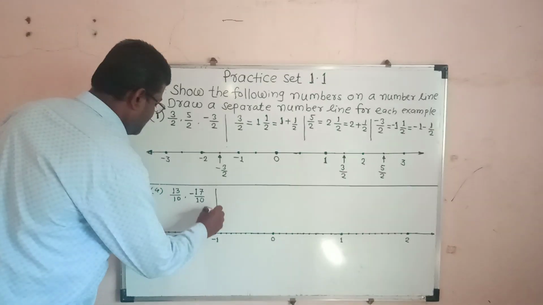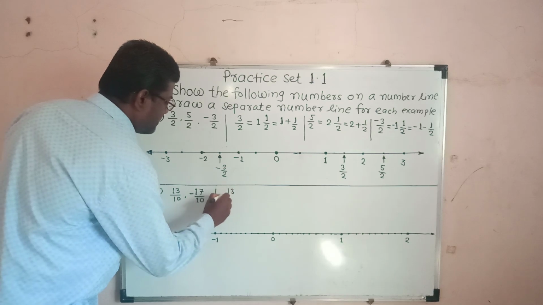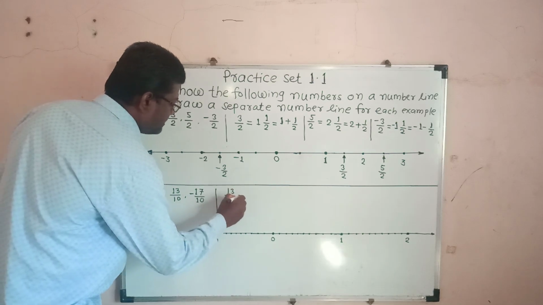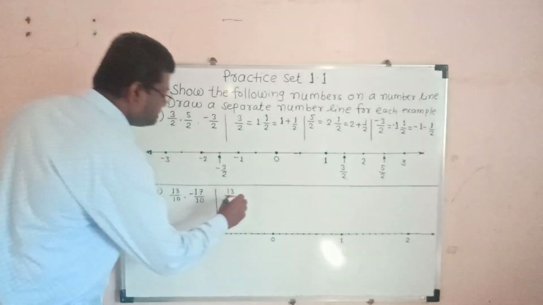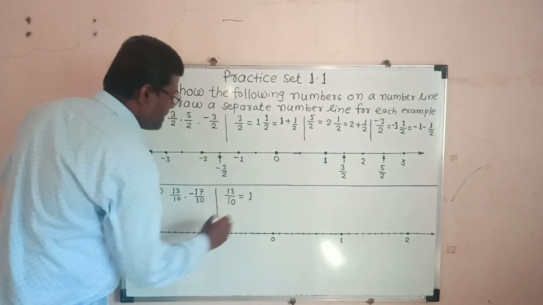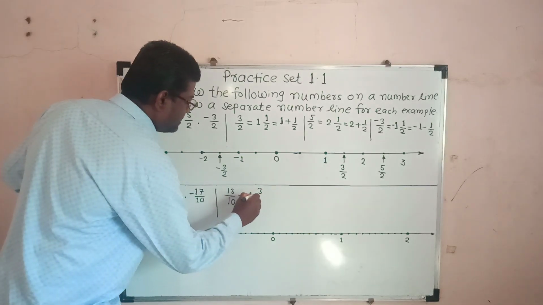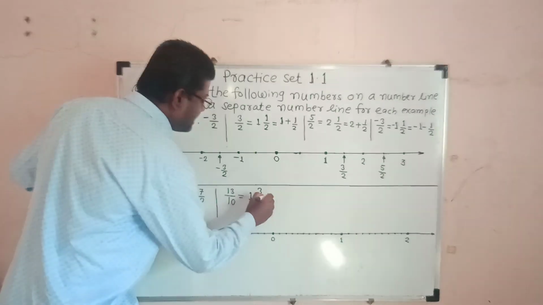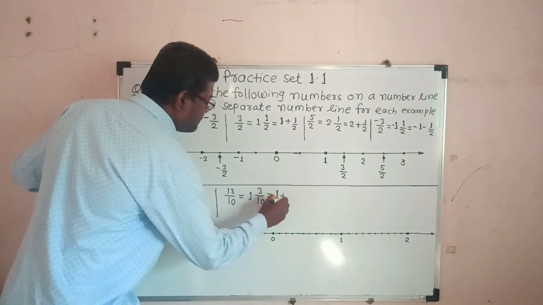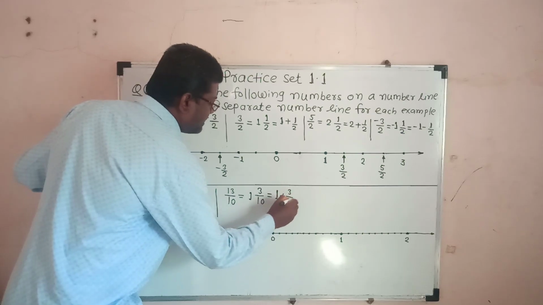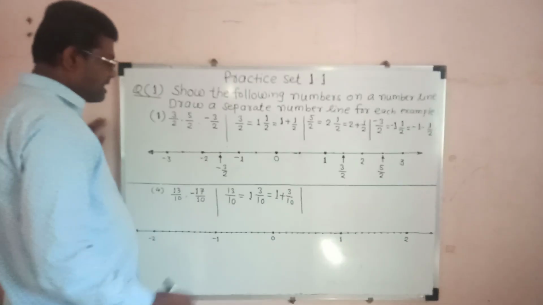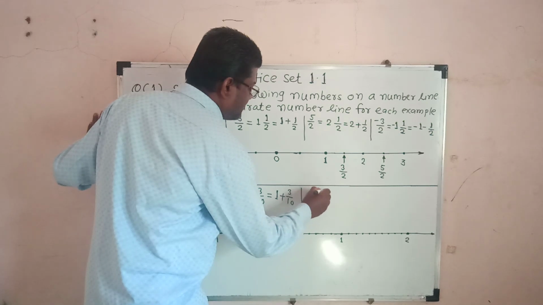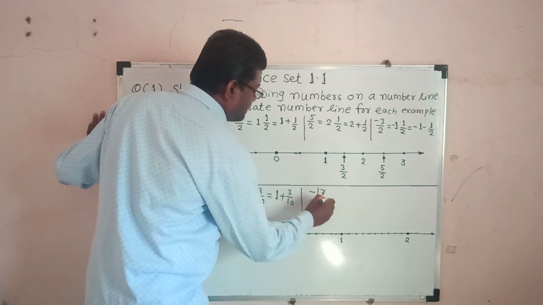Now 13 upon 10. Divide 13 by 10: 10 ones are 10, 13 minus 10 will be 3, that is 1 and 3 upon 10. This can be written as 1 plus 3 upon 10. Now another rational number is minus 17 upon 10.